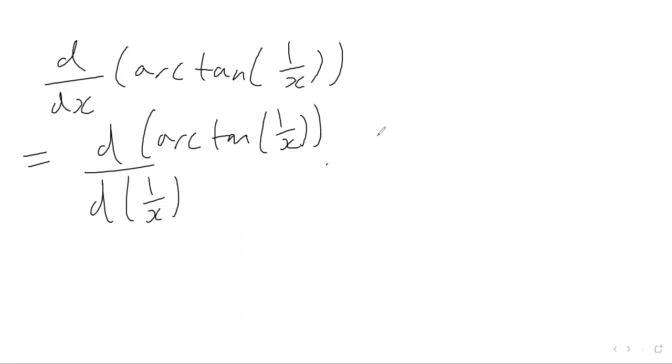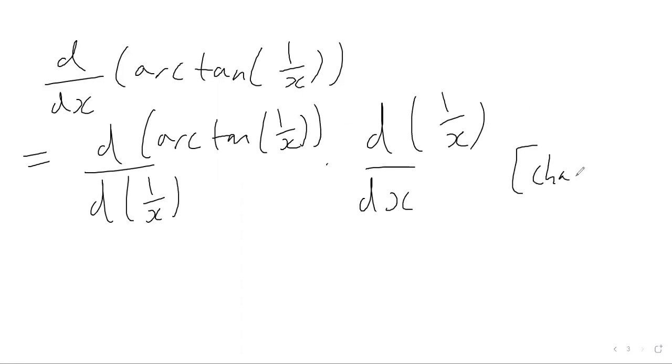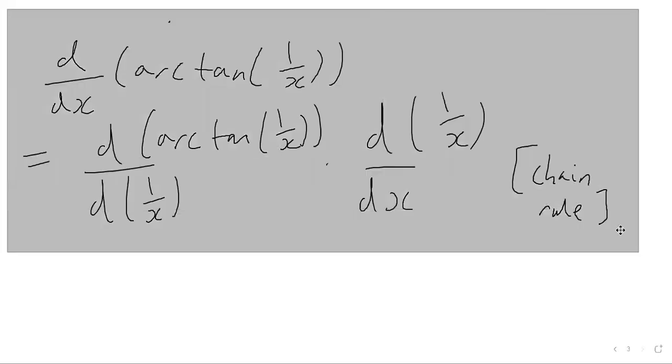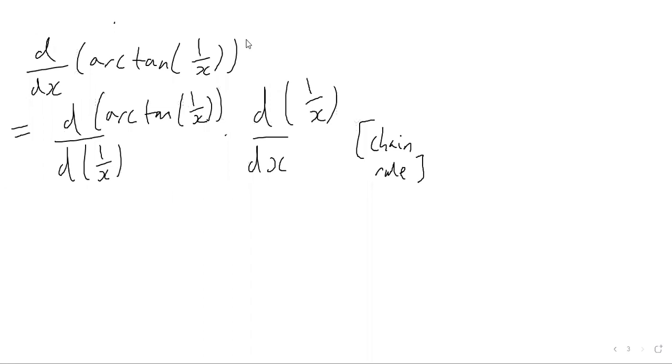Then, using the chain rule, we multiply this by the derivative of 1 over x with respect to just the variable x. Okay, so that's our chain rule formula.